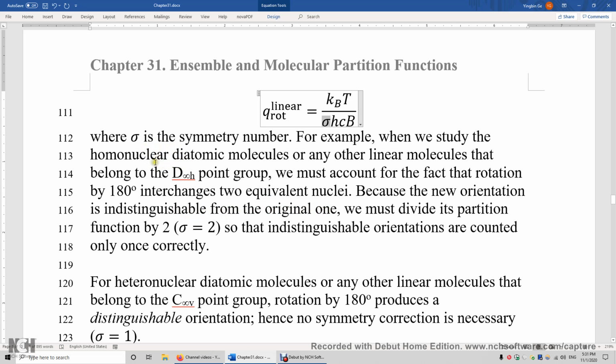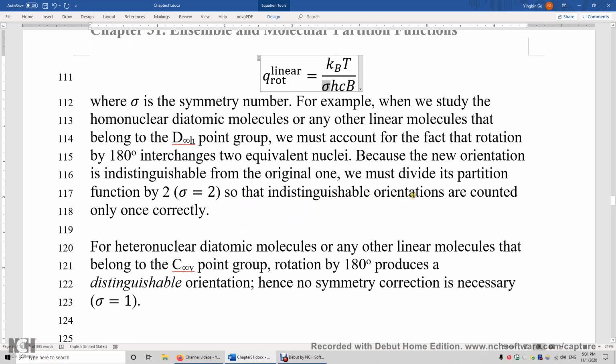After the rotation, we have to divide this partition function by 2 so that indistinguishable orientations are counted only once.